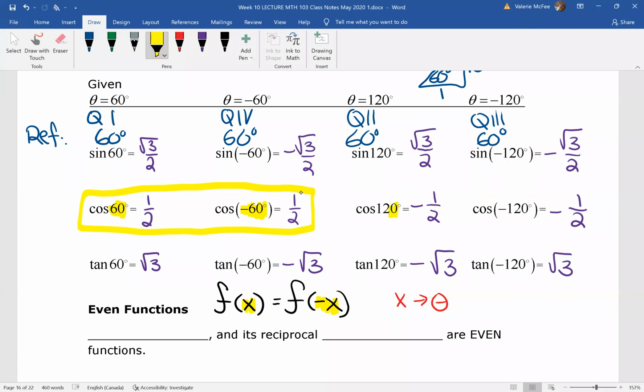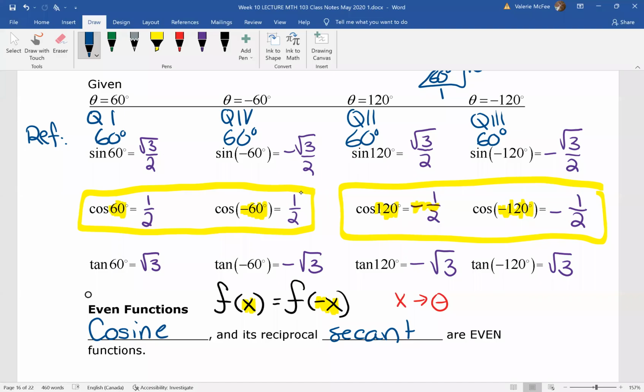Cosine of 120 degrees and cosine of negative 120 degrees both equal negative 1/2. Cosine is an even function. We can say that cosine and its reciprocal secant are even functions. So theta can be the opposite of each other, and the answer will always be exactly the same.